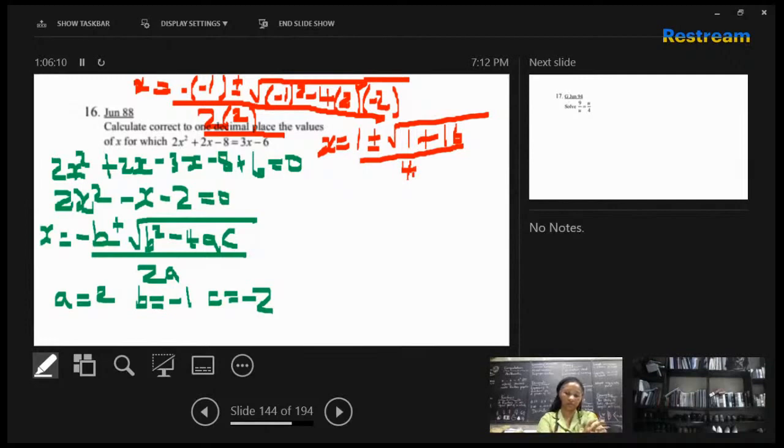So x is equal to 1 plus or minus the square root of 17 over 4. And the square root of 17 is 4.12, so it's 4.1.